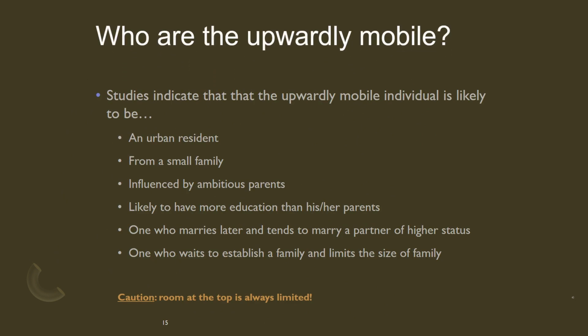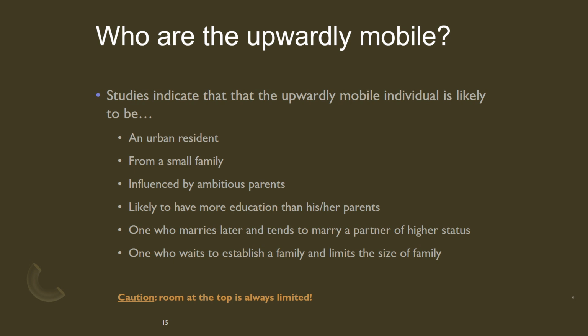Who are the upwardly mobile? Various factors are responsible for vertical mobility, some dependent on personality traits, others on social circumstance. From studies on upward mobility, a profile of the upwardly mobile individual has emerged.